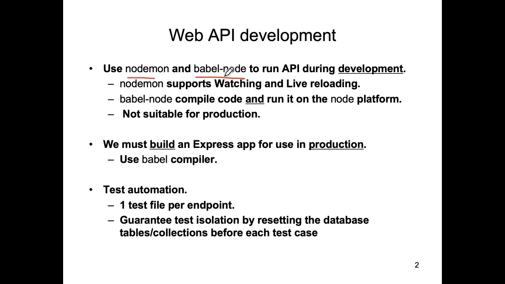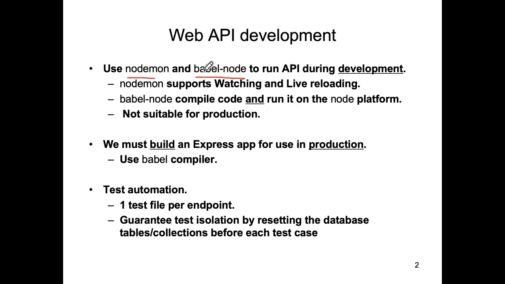What BabelNode does is it compiles your source code and runs that code on the Node platform. You see, the Node platform itself doesn't understand some of the modern JavaScript syntax. However, we'd like to use modern JavaScript syntax in our source code, but if Node is not able to execute it, then how are we going to bridge that gap?